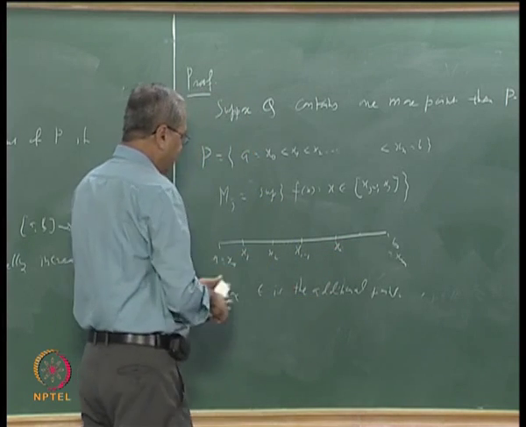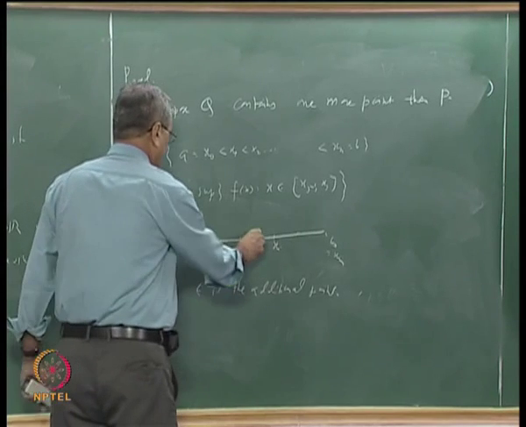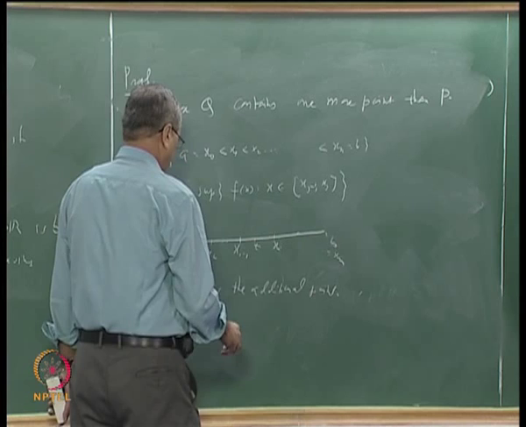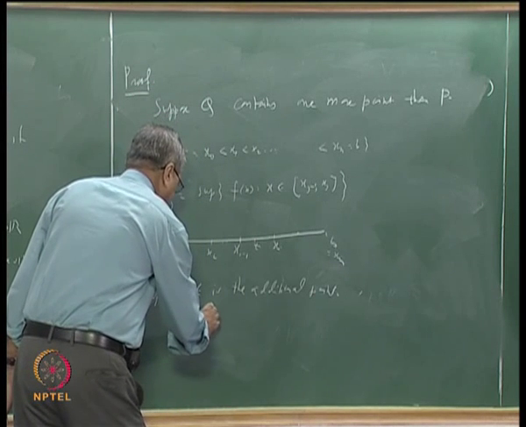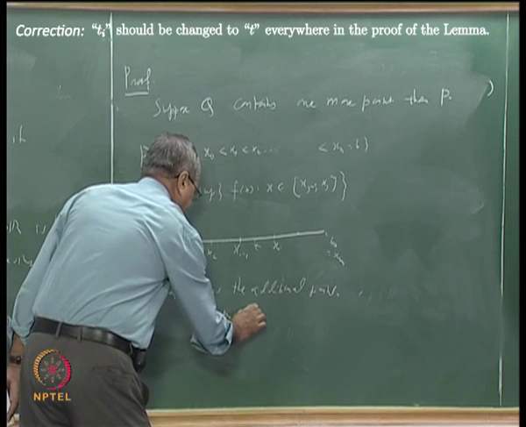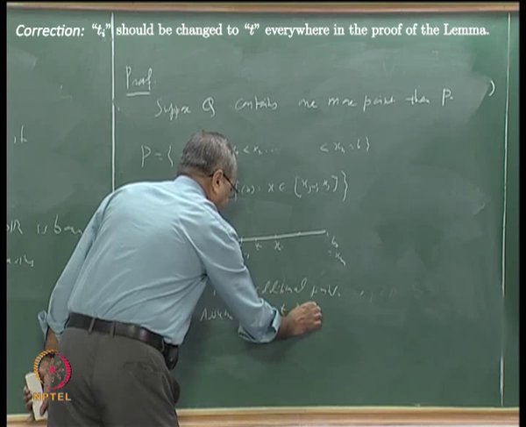Of course, the point T cannot be x_{i-1} or x_i, it has to be properly between them. So let us assume x_{i-1} < T < x_i.